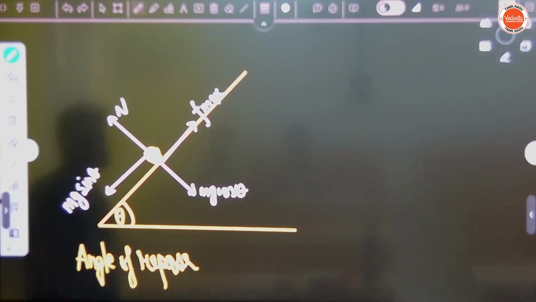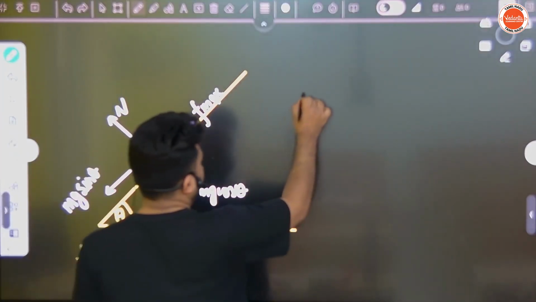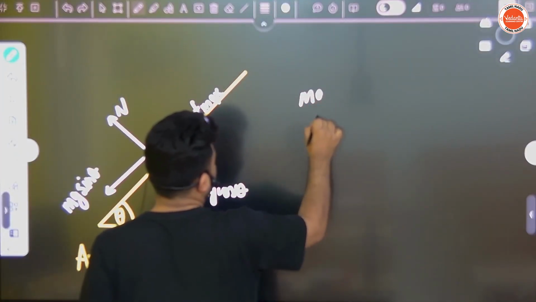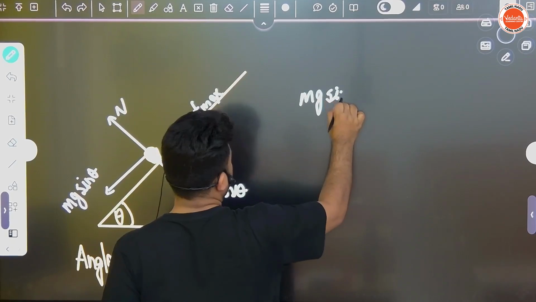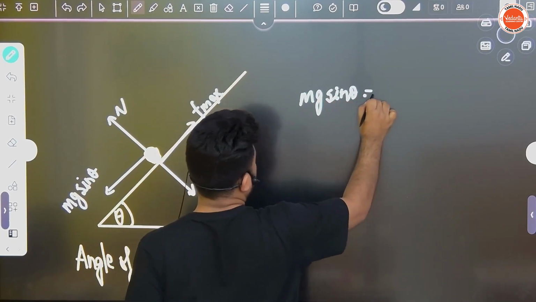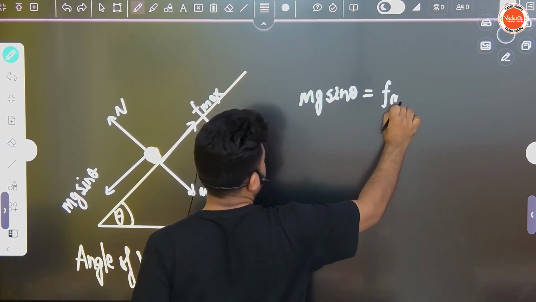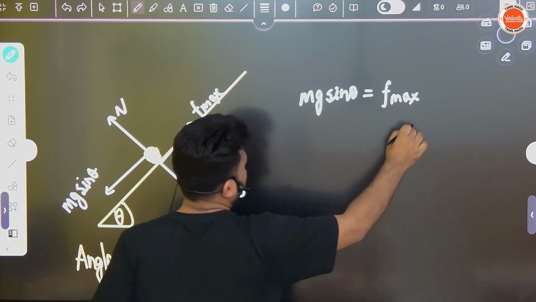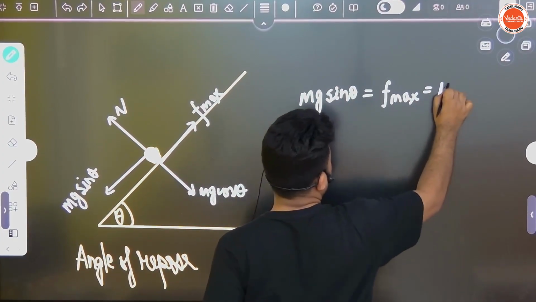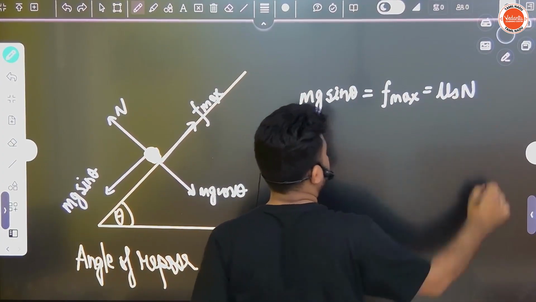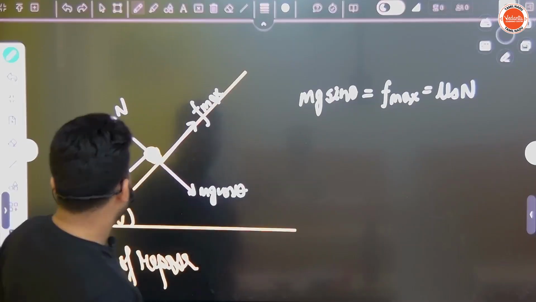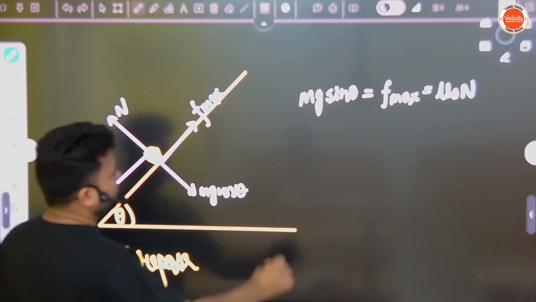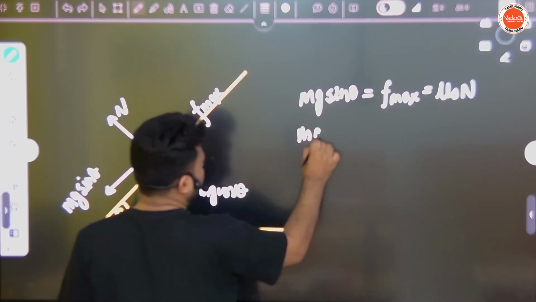Now what can you write? mg sin theta, because the object is at rest, equals F max. F max is how much? Mu s into N. And normal equals mg cos theta.